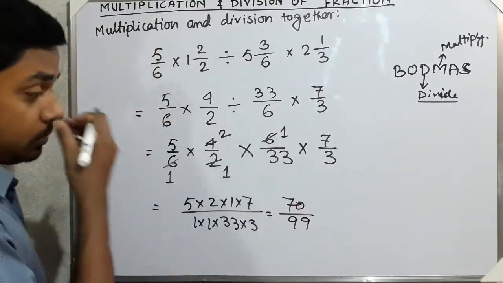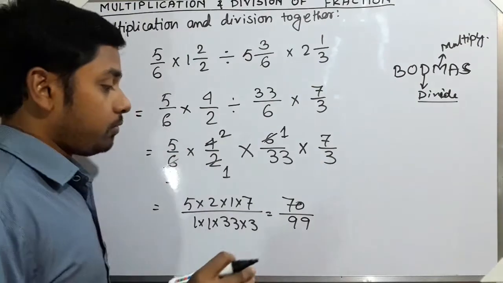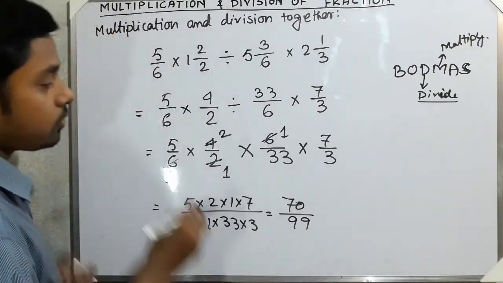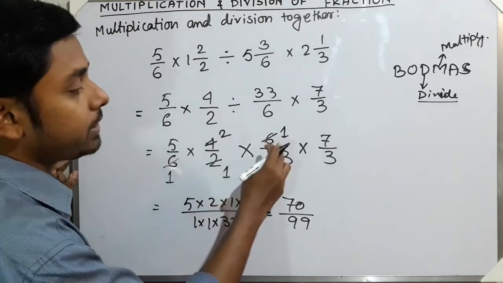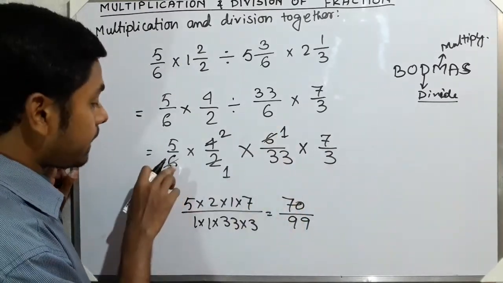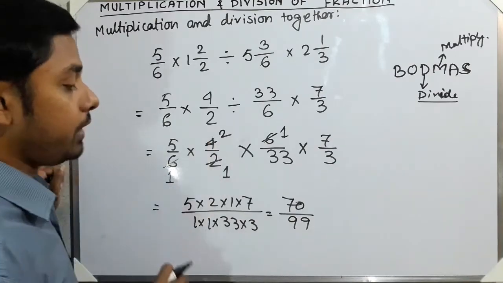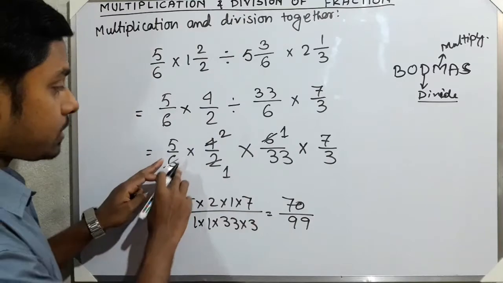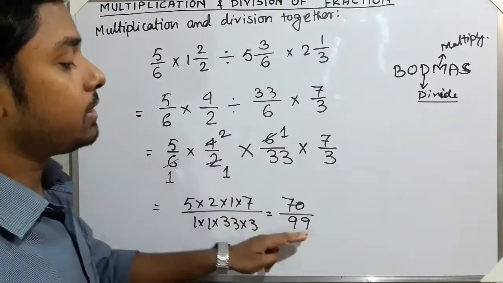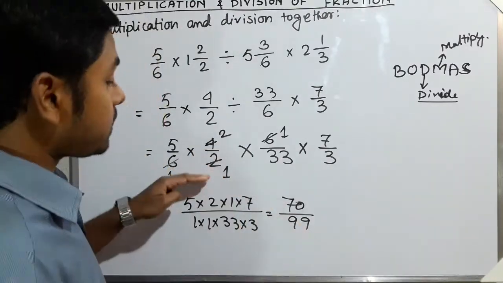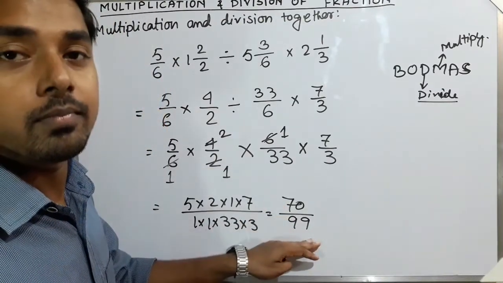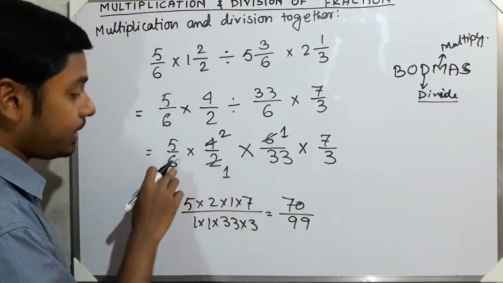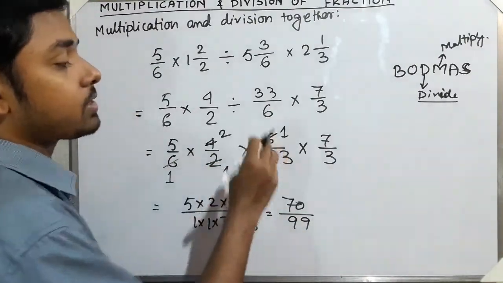Okay, now some of you I think may have a little bit of confusion here. What is the confusion? Suppose I have cut this 6 with this 6, but if I cut this 6 with 4, will I get the same answer? Yeah. If you cut this 6 with this 4, then you will get the same answer, and your process will also be correct. It is not mandatory that this 6 you have to cut with this 6 only.